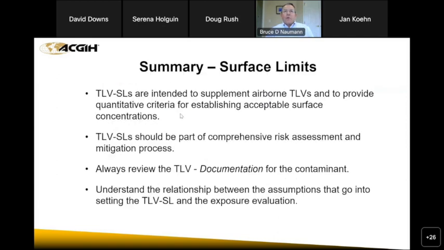So I just wanted to, the last two slides supplement. The surface limits are obviously designed to provide some quantitative criteria that go above the kind of qualitative notations that we've done in the past, and it's part of an overall program, and the importance of really understanding what the basis of the surface limit was, just like with the OELs, and trying to communicate and understand what the rationale was so that you can apply it in the proper way.